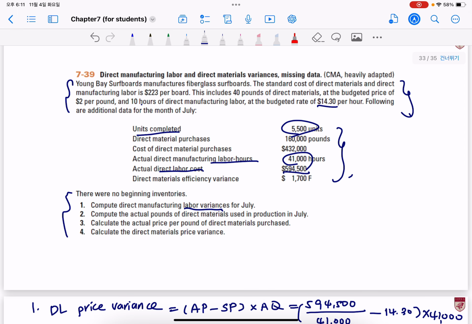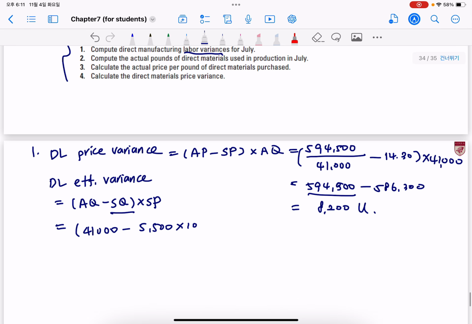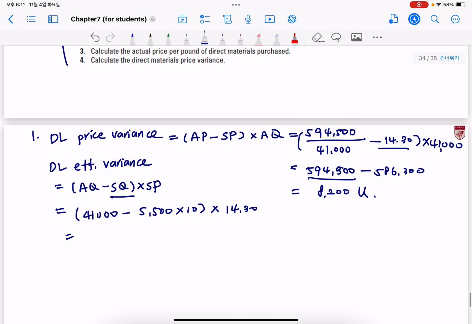So the standard hour used for each output is 10. Right. The standard wage rate is again given as 14.30. Okay, so let us calculate this difference. And we have 200,200 favorable.